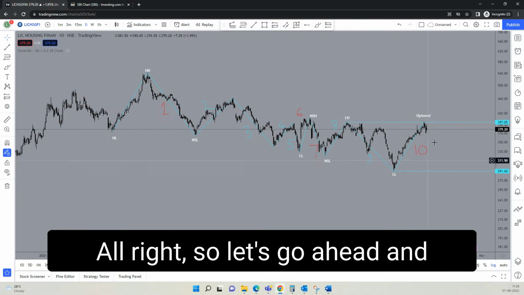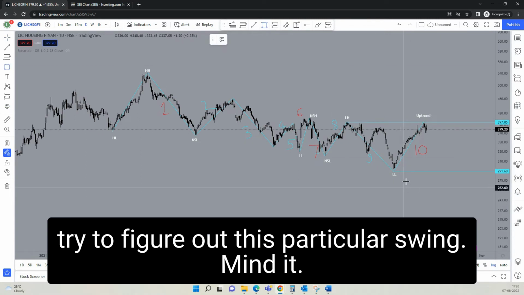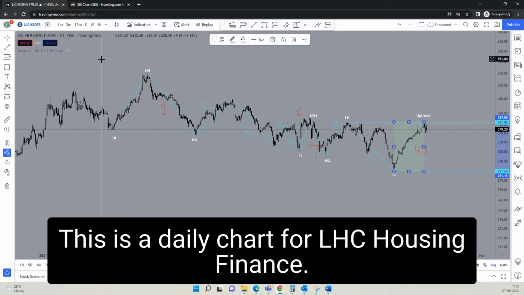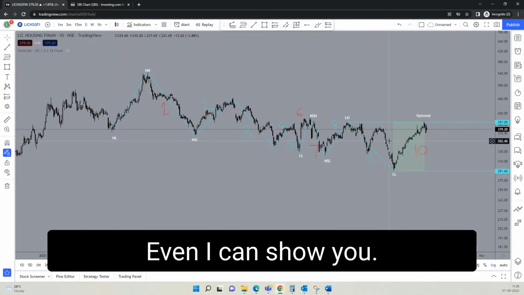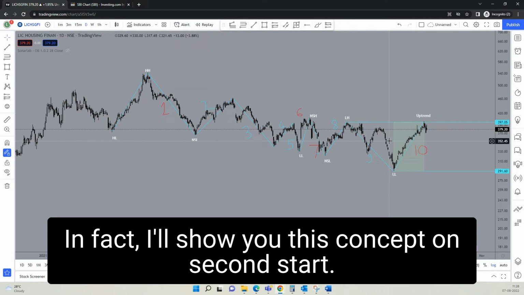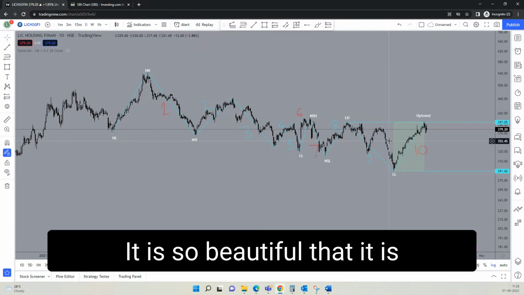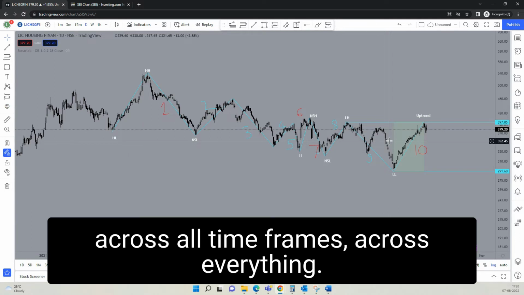All right, so let's go ahead and try to figure out this particular swing. Mind you, this is a daily chart for LIC Housing Finance, but you can use this concept on any time frame. I'll even show you this concept on a seconds chart. It is so beautiful that it works across all time frames, across everything.